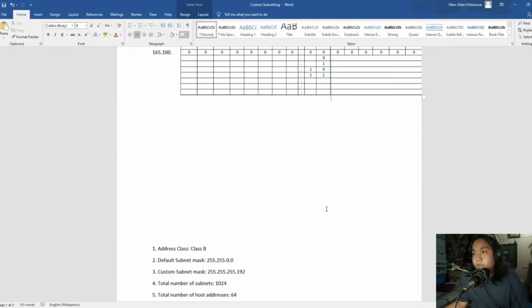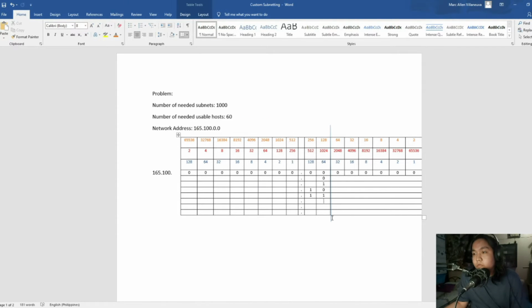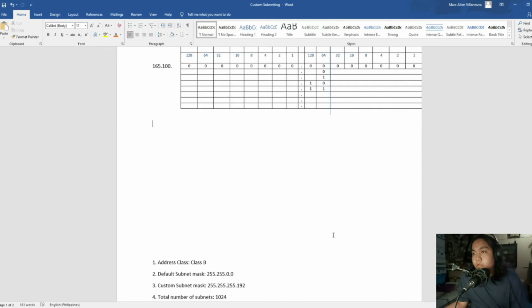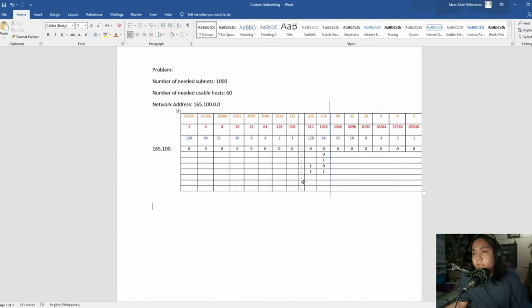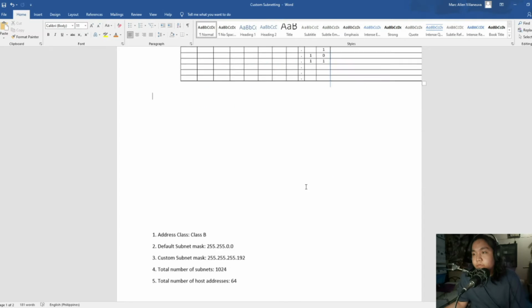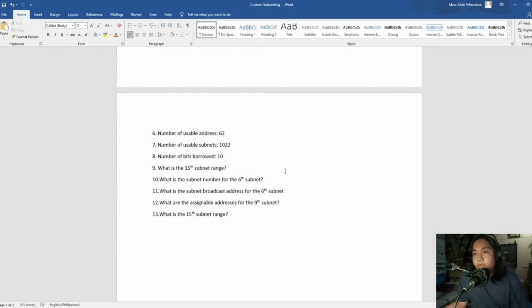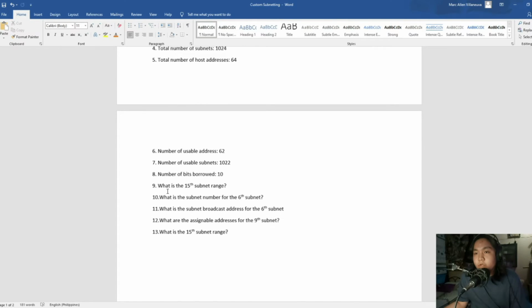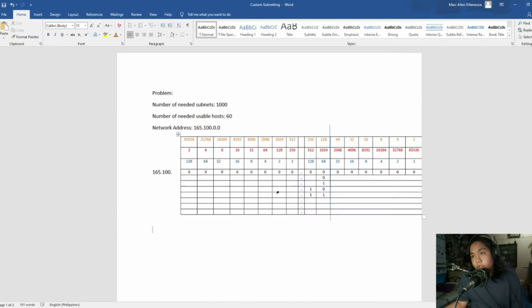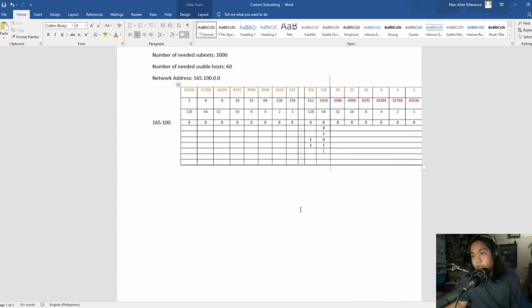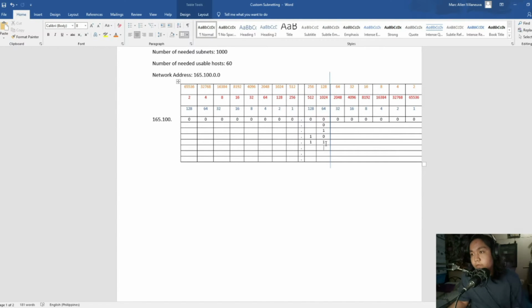So going back. The reason why we need this pattern again is so that we can answer some of the following questions right here below. Since they are asking what is the 15th subnet range, we need to make maybe 15 of this pattern.